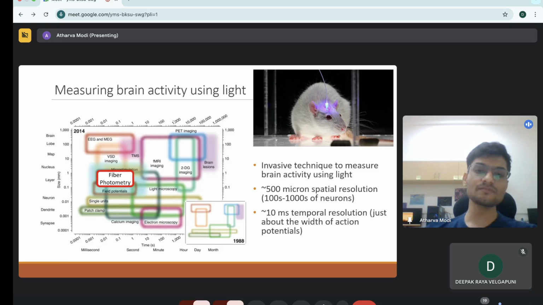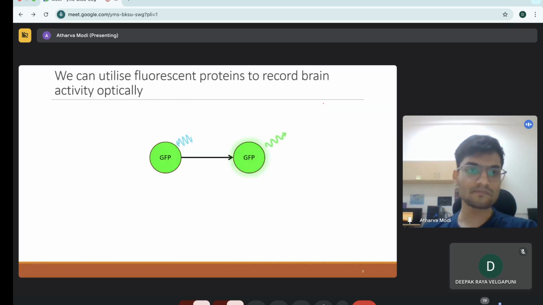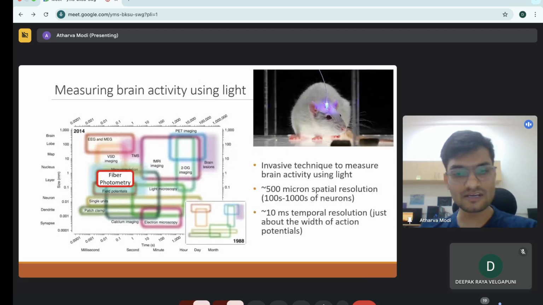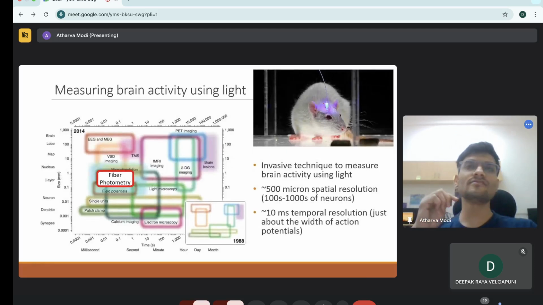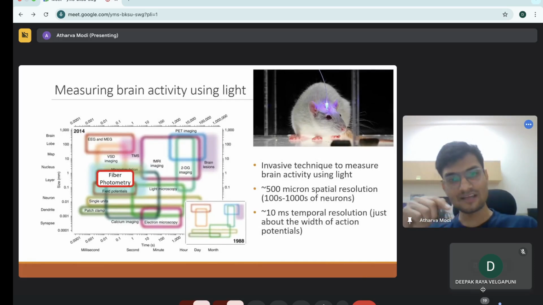This technique in general is very lightweight on the animal's head, and it's very light hardware and light data technique to measure brain activity. So, what do we need to record from the brain directly using light?